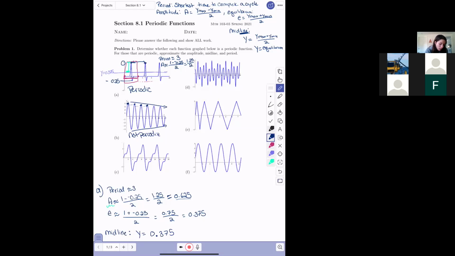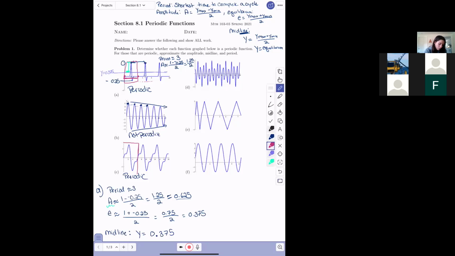Graph C, this one looks funky, but all of our peaks match up, and everything in between is pretty much the same. So we say that this is periodic, and each period ends there.